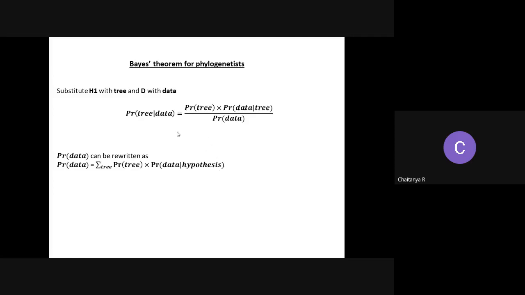What do you think the denominator would be in the Bayesian formula? What is the sum of all probabilities for a particular event? 1. Exactly.